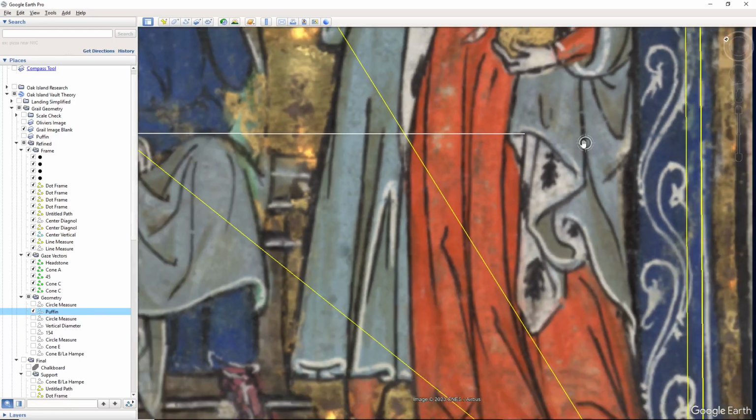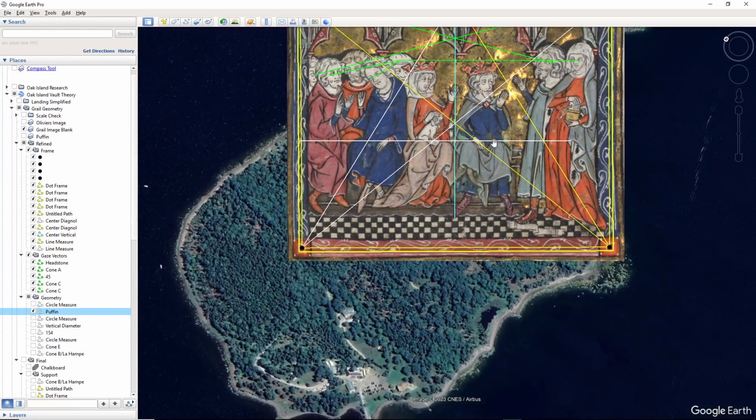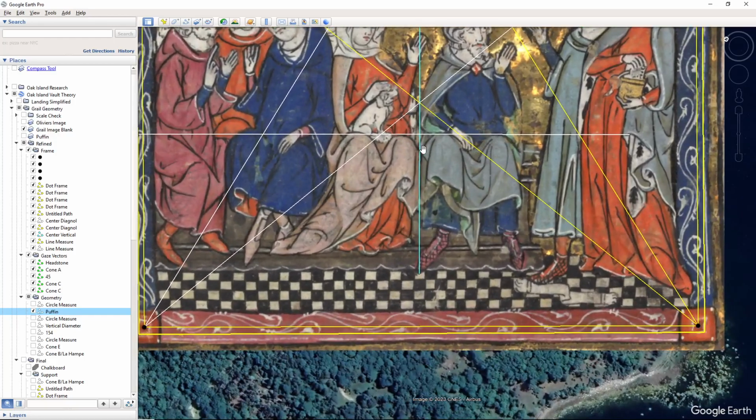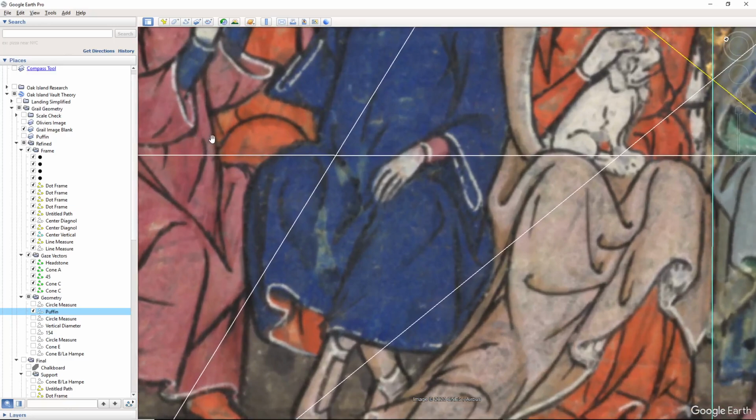Gazbo took a line off the tip of the beak and went horizontal across the page. And then we had the circle right here. They noticed that there was a circle right here that indicated something circular, and Olivier did a measurement from this right here, and we got a line at 154 degrees.